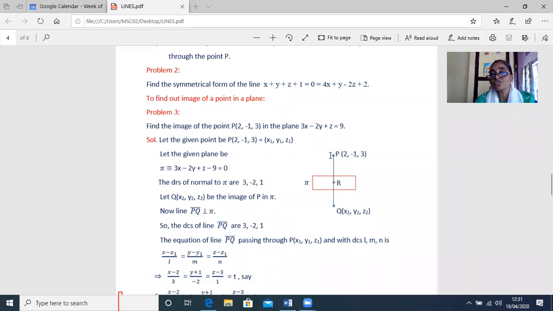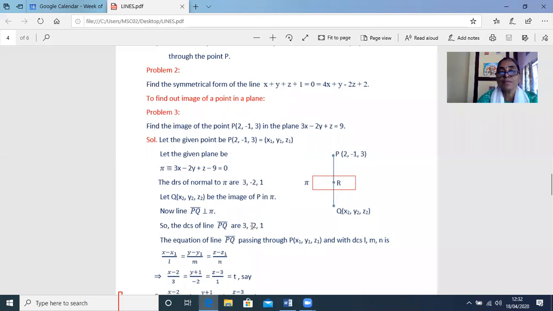To find the equation of the line PQ, as we discussed earlier, we need l, m, n, the DRs, and also the point through which it passes. So now you're ready to write the equation of the line PQ, which passes through the point 2, minus 1, 3 and whose DRs are 3, minus 2, 1.